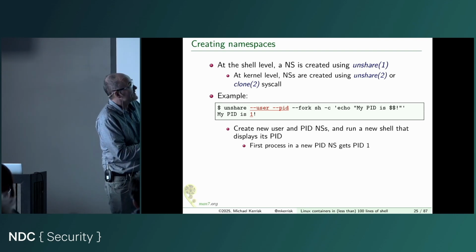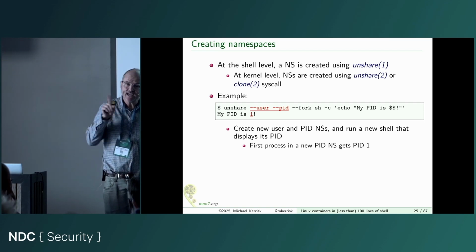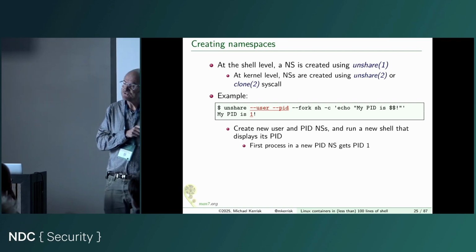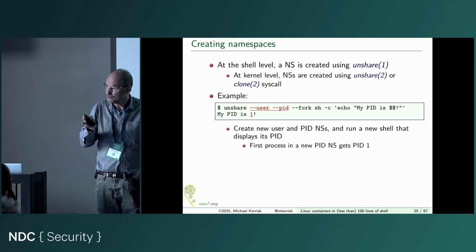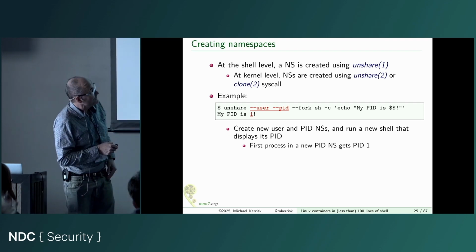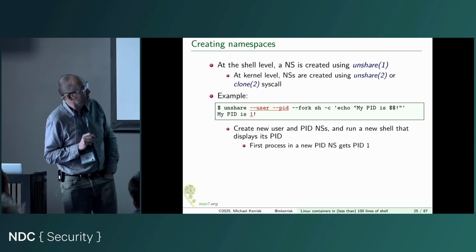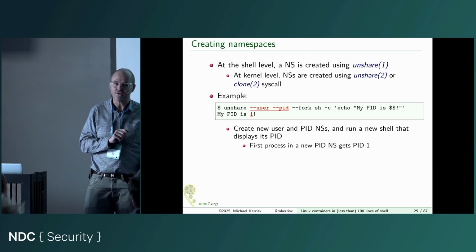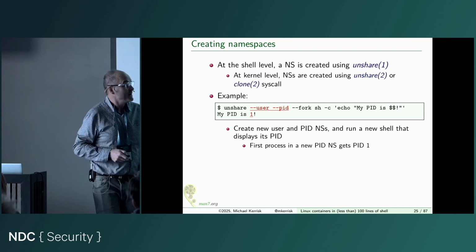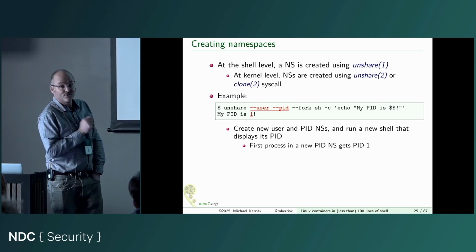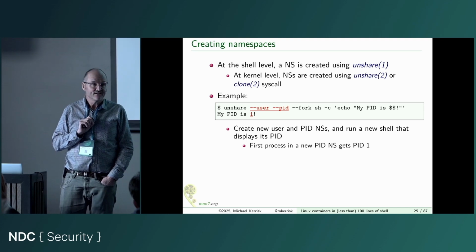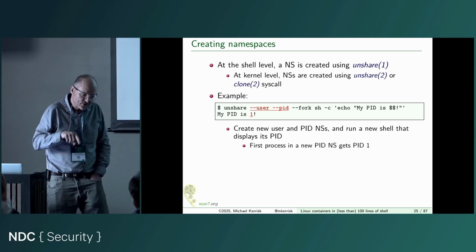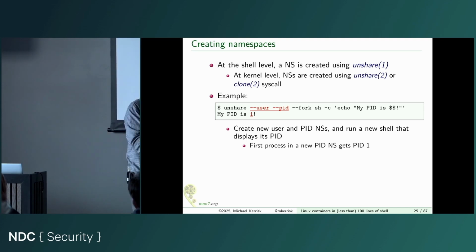I've said my command is a shell, and it has some options. -c says execute the command that is in the quoted argument there. And I say echo my PID is $$, the PID of the shell. And when I do that, magically, that shell has PID 1 because it was the first process in that new PID namespace.